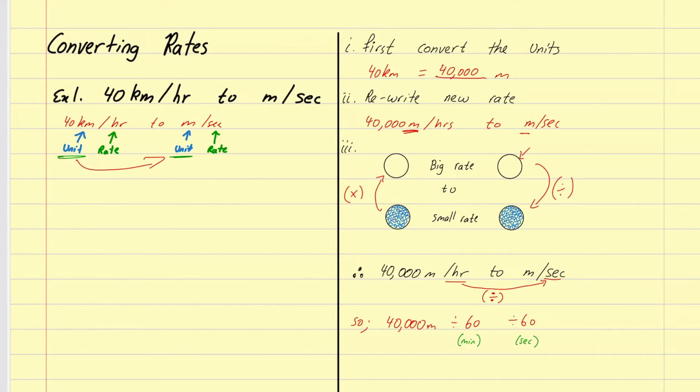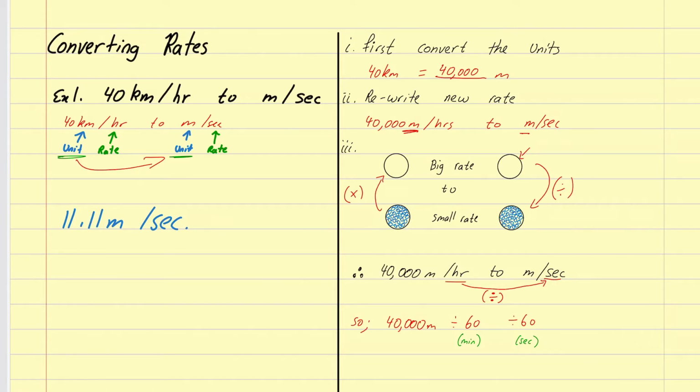And now from minutes, we have to go to seconds, so we have to divide by 60 again. So our final answer here is going to be 11.11 meters per second, provided that you've put everything right into the calculator.